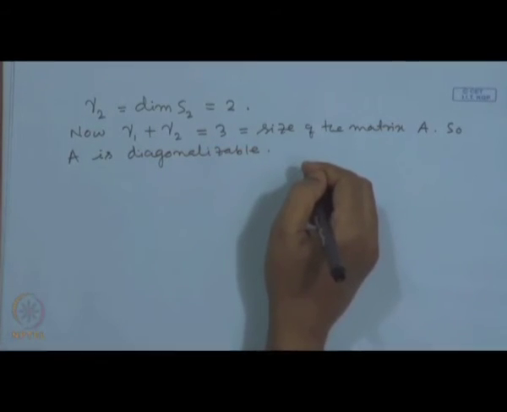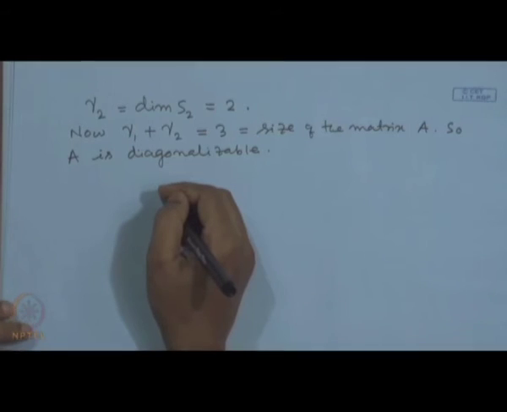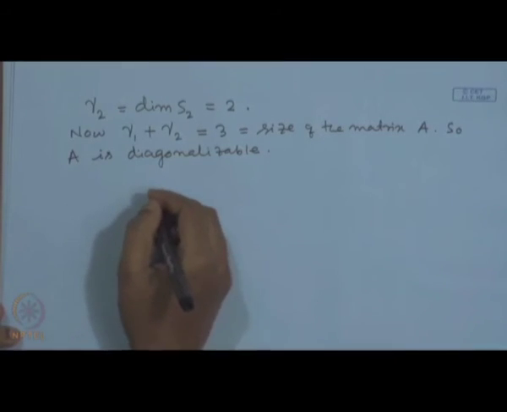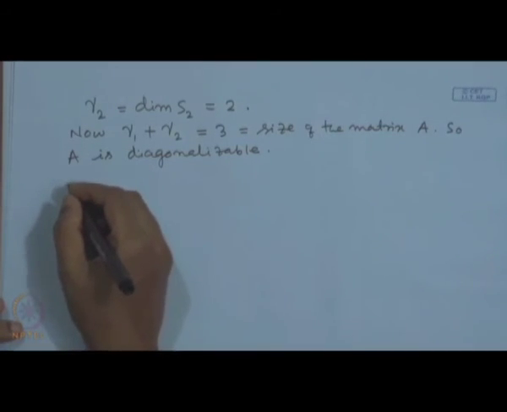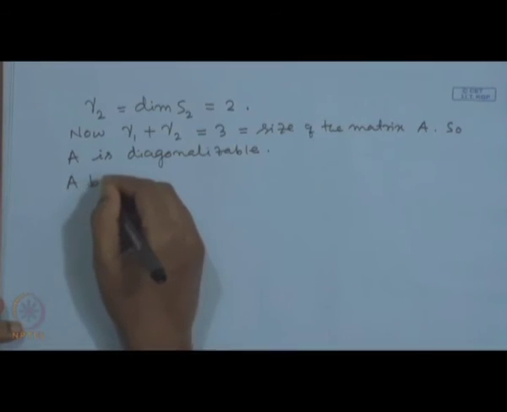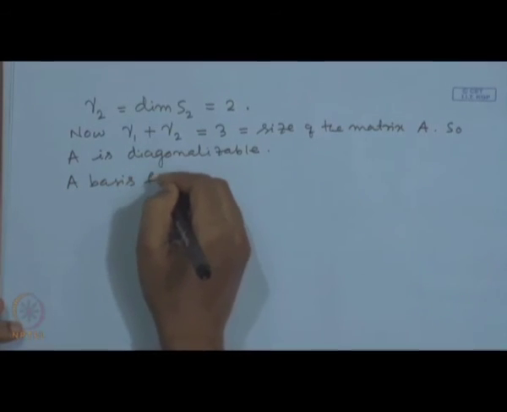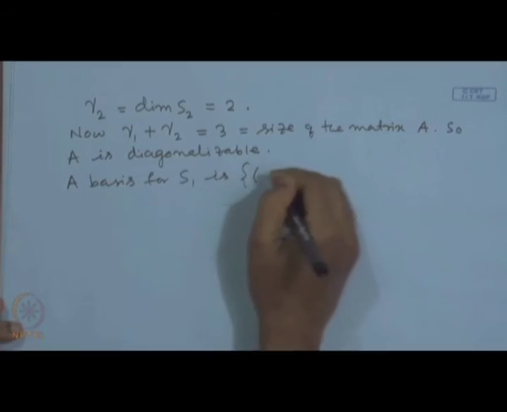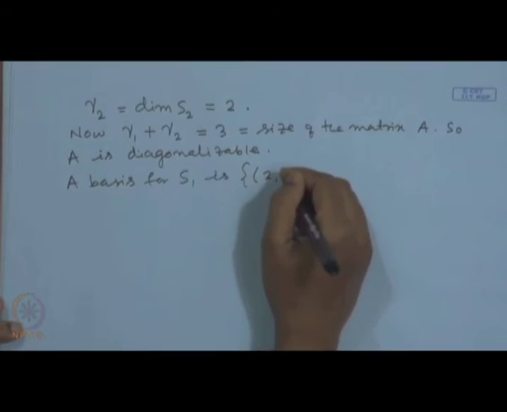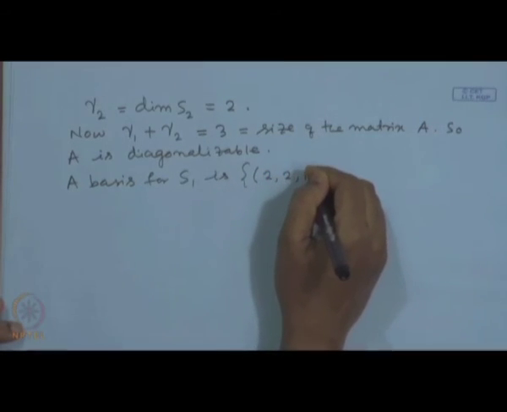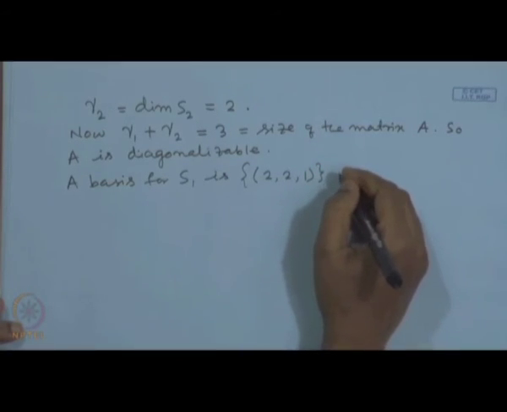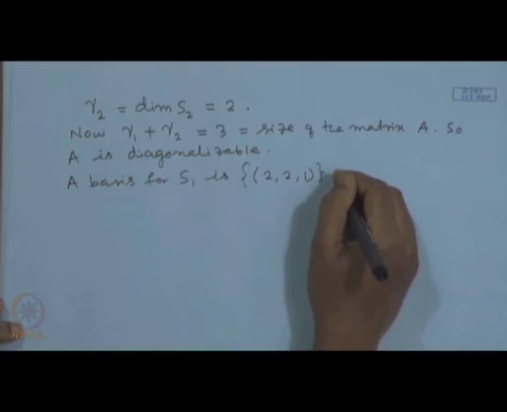Next we shall find that invertible matrix P. For that we have to find a basis for S1. Its dimension is 1, so we can take any non-zero vector in S1 and that will be a basis for S1.